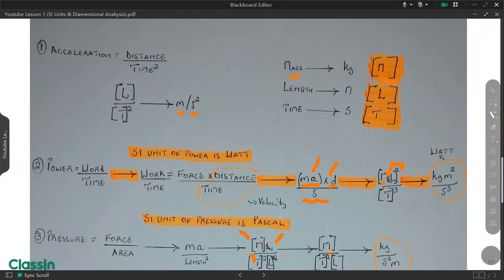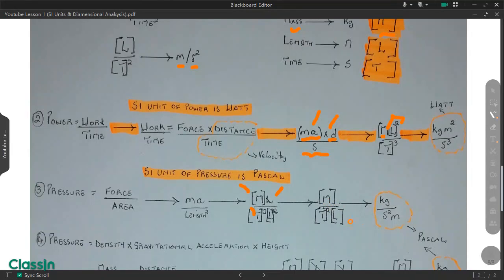So when you divide those, you're going to get the unit of pascals, which is kg per second squared meters, which is Pascal. So this pressure, if you are using the pressure in fluids, it's still going to give you the same Pascal or the same unit. It's supposed to do that.